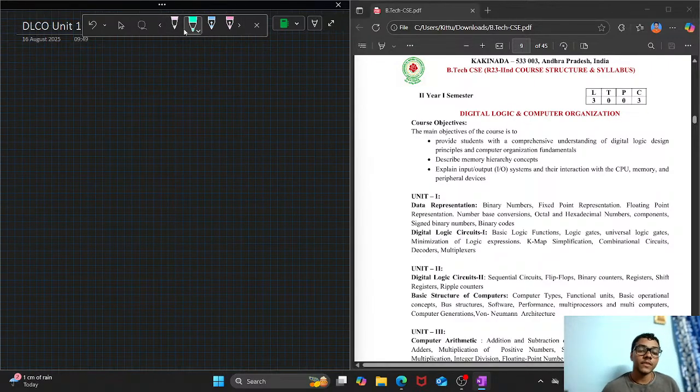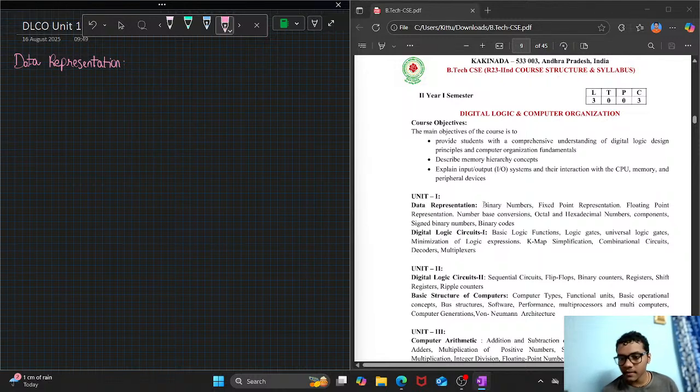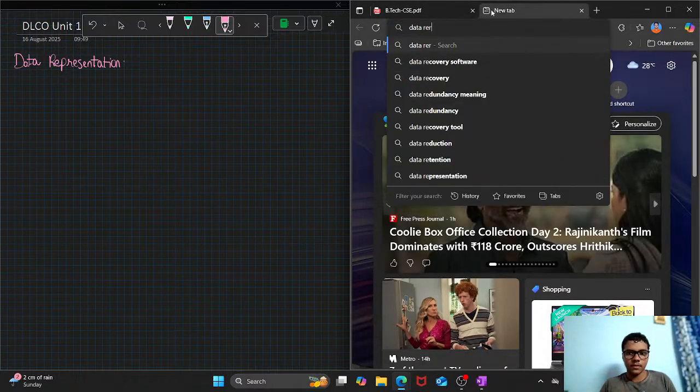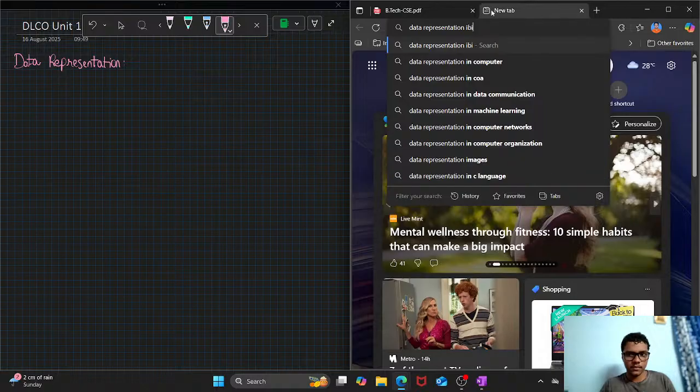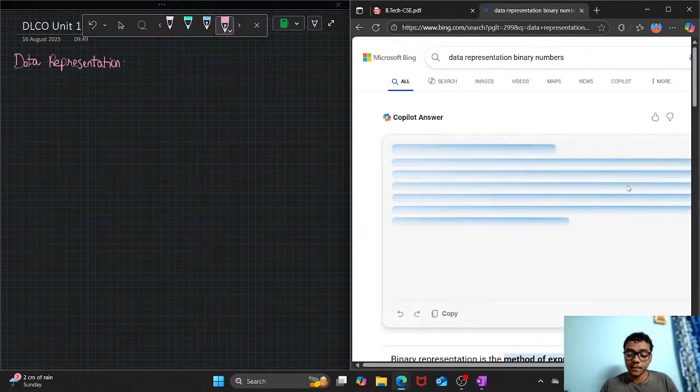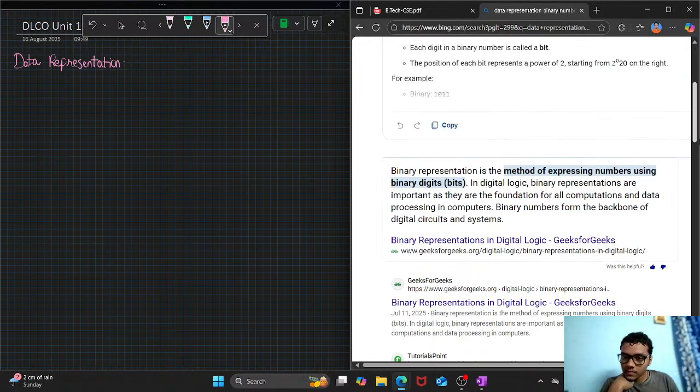All right, got this. So at our presentation, it is basically how you represent data, and binary numbers, fixed point representation, floating point representation, number base conversions. So binary bits.